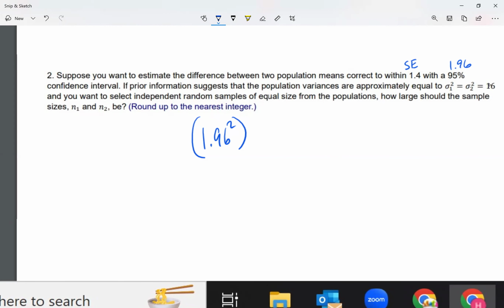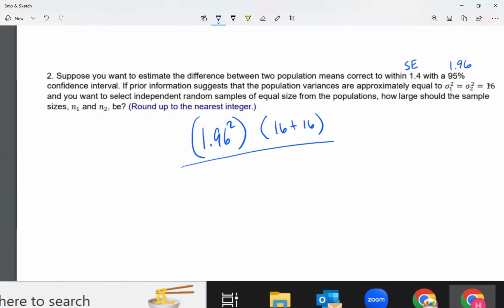You're basically squaring 1.96 times, and open the parentheses, because here I'm going to go 16 plus 16. Make sure the parentheses are there. You want the calculator to do the addition first. I don't have to square in this case because they were given squares already.